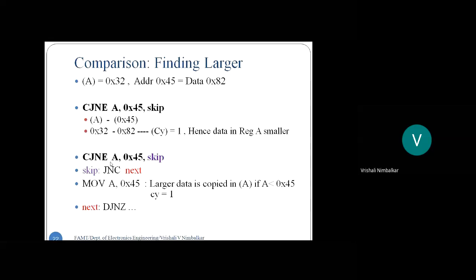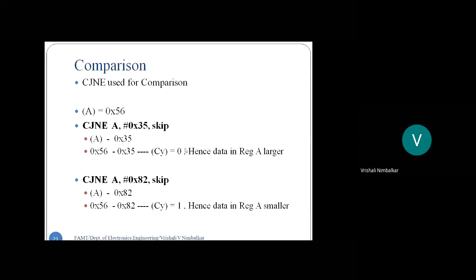So the comparison is always with accumulator, and I should store the larger number in accumulator. So if I get a carry, it means accumulator is not having the correct answer. And if I do not get a borrow, it means accumulator is larger than the other. If there is a borrow, accumulator is having a wrong number.